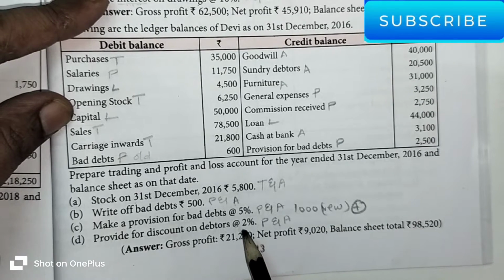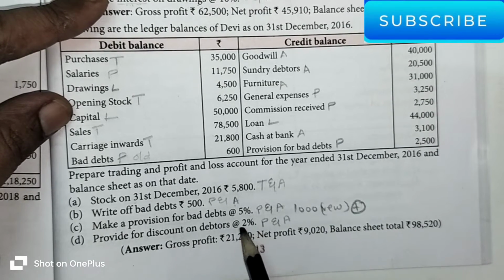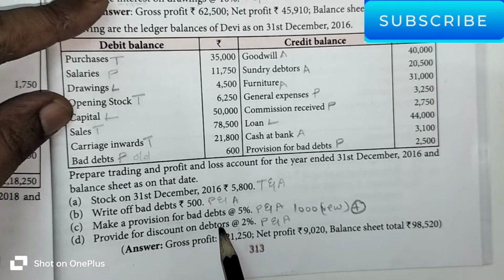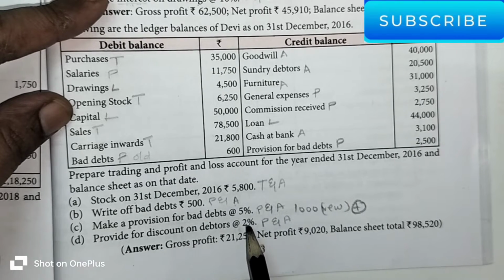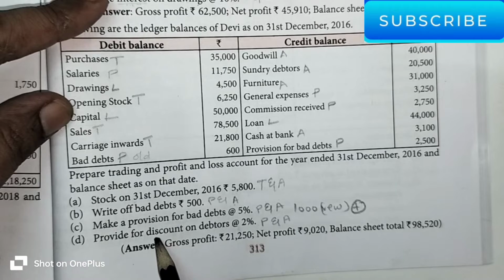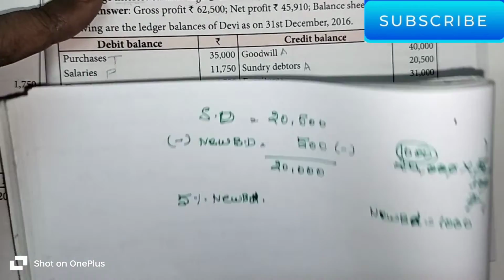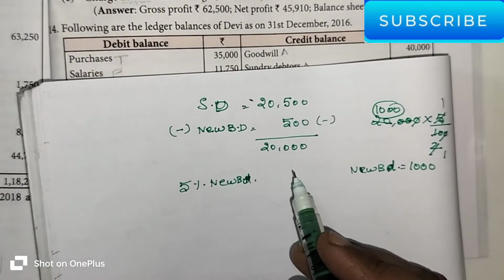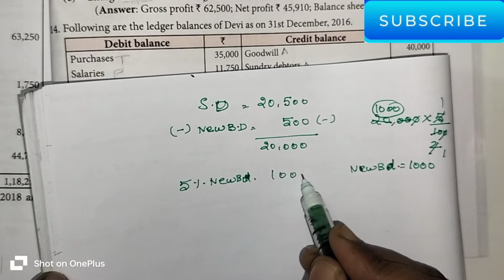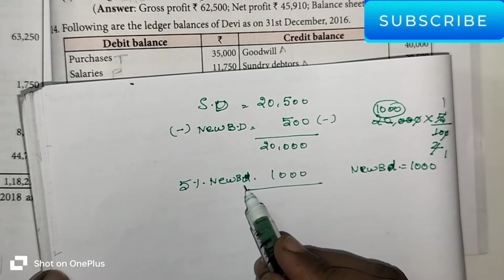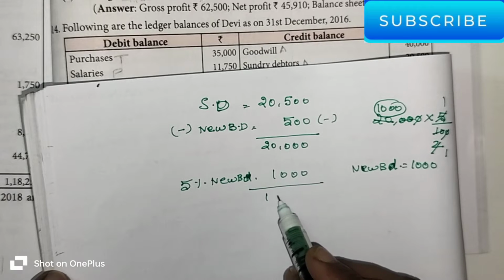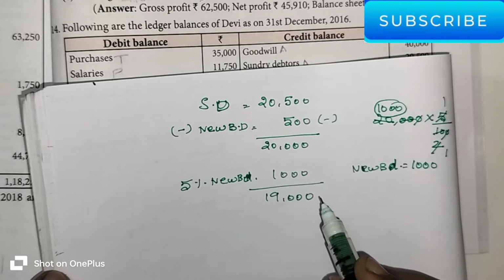Now we are going to find the 2% discount on debtors. From debtors we have to subtract that 1,000 rupees, the 5% provision. We will get 19,000 on debtors.